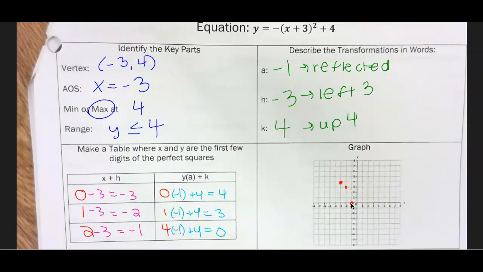Can anybody tell me as an ordered pair what one of my symmetric points would be? Jesse? Perfect. And I have one other. Right? Perfect.